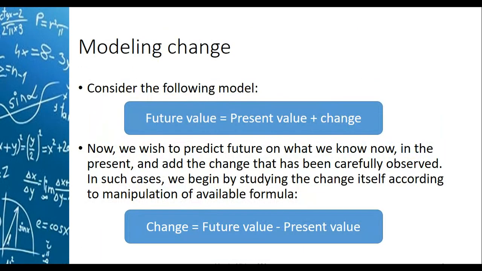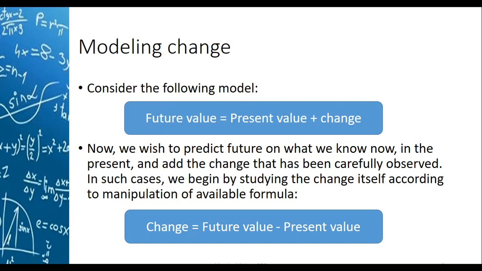First things first, when we talk about modeling, it means that we want to approximate or forecast or try to find our future value, isn't it? In a general form, we have a future value.